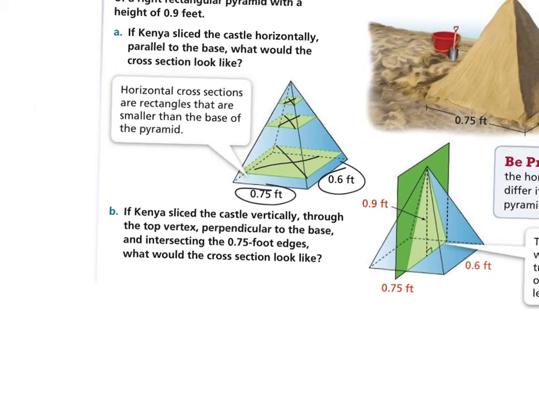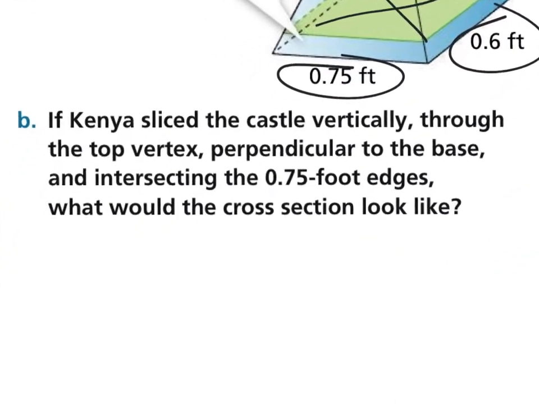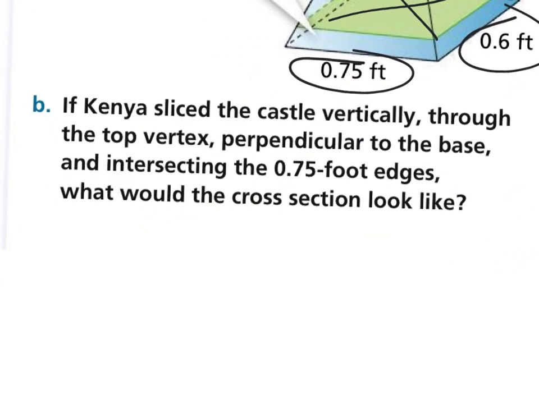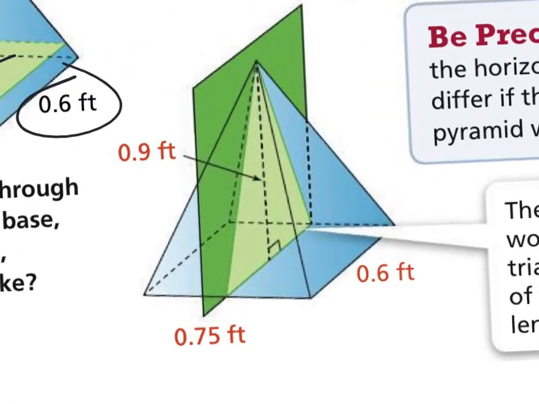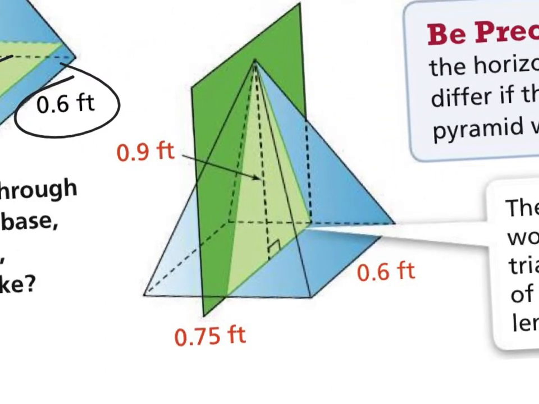And then part B talks about if they slice it vertically through the top vertex, perpendicular to the base, intersecting the 0.75 foot edges, what would the cross section look like? They were very specific about how this was being done. So this is what that slice would look like, going through the top of the pyramid, down through the 0.75 foot side.